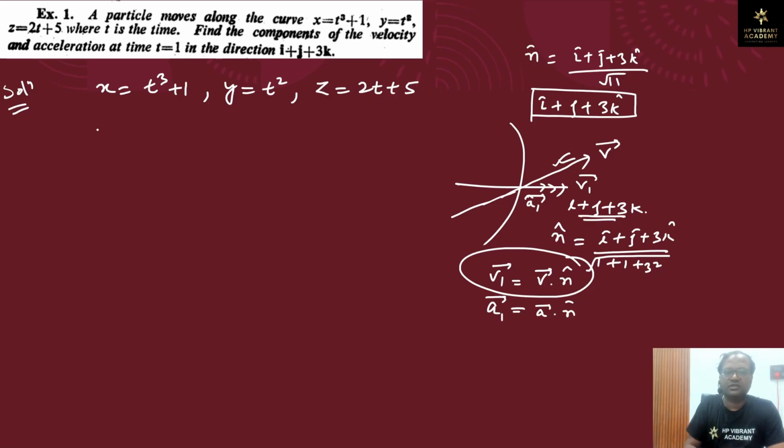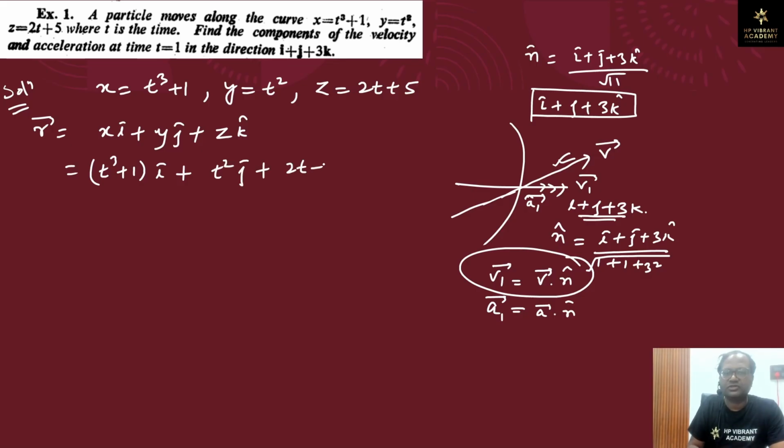Let us find the position vector. The position vector is given by x i cap + y j cap + z k cap. This is equal to (t³ + 1) i cap + t² j cap + (2t + 5) k cap. This is the position vector.